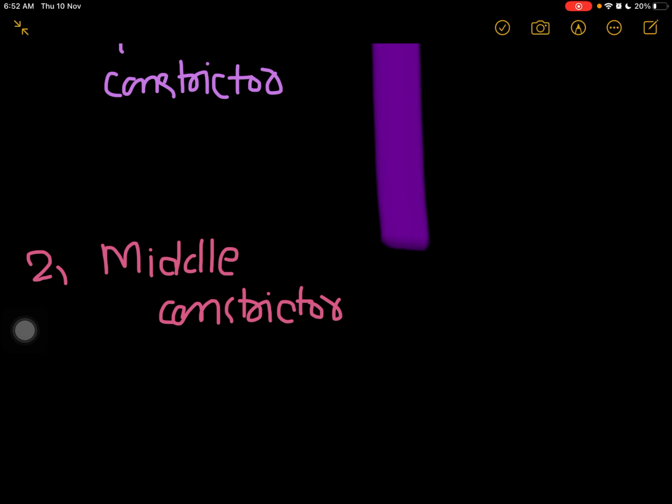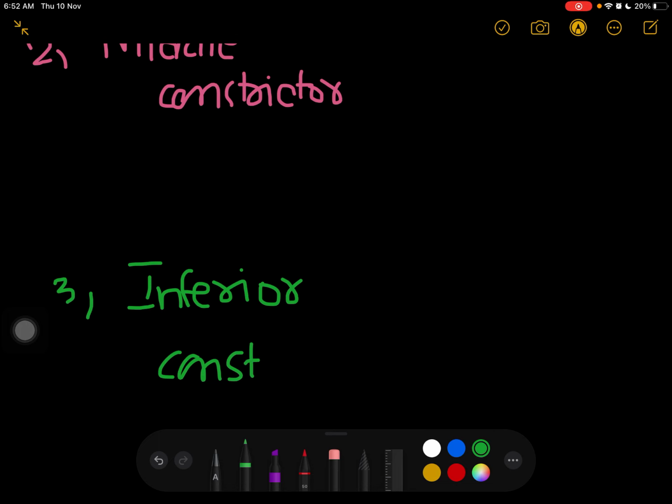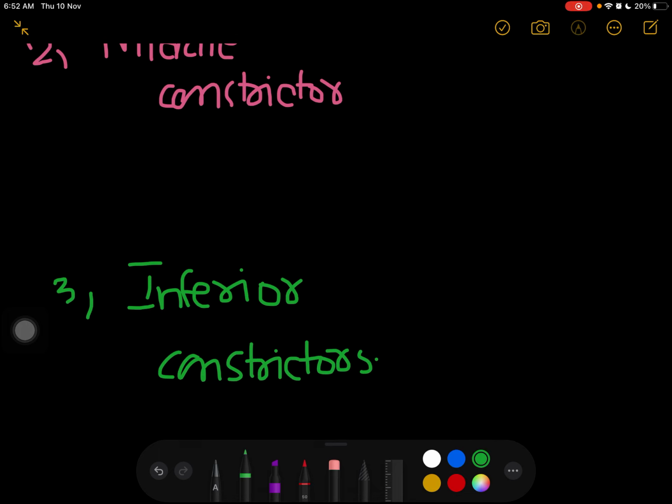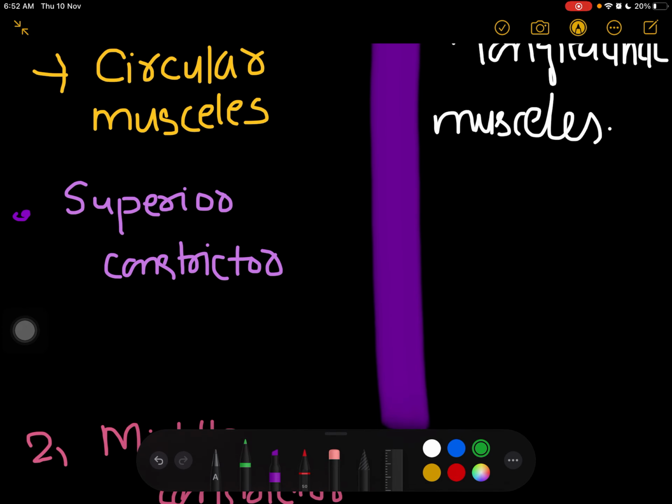Number third is the inferior constrictor, right? Now let's talk about where they originate and where they end.